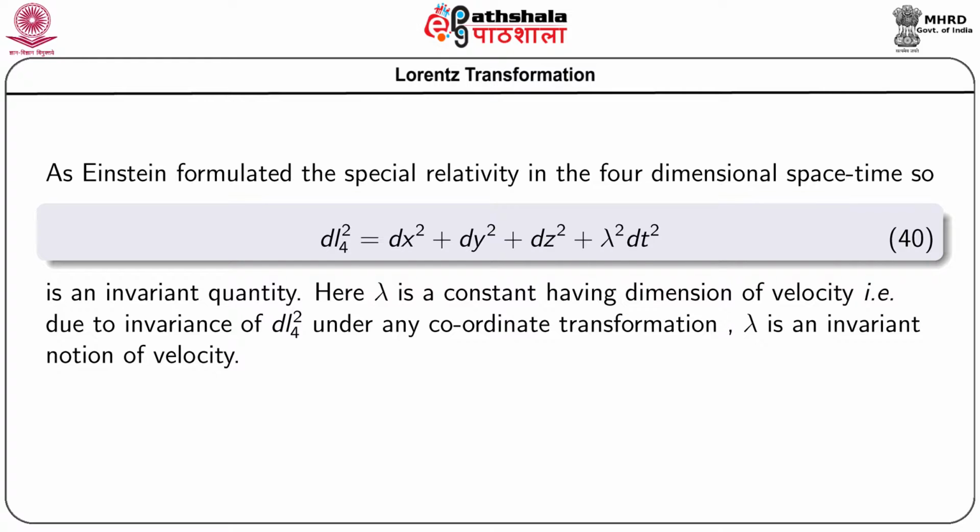Due to invariance of dl square under any coordinate transformation, lambda is an invariant notion of velocity and dt is the time factor here. So, for 4 dimensional space we have x, y, z and t. x, y, z are the space coordinates and t is the time coordinate.